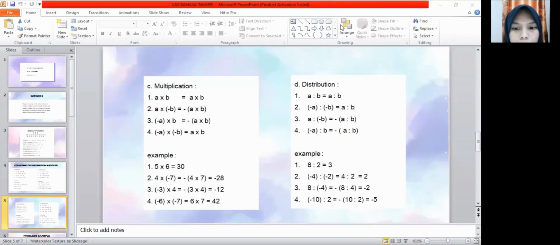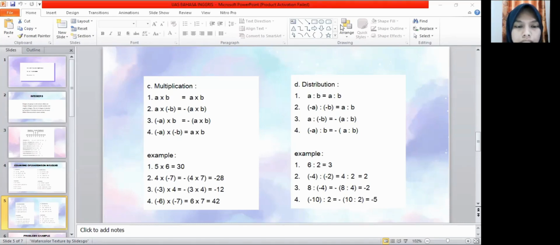Multiplication. Multiplication of positive integers will produce a positive integer. Meanwhile, multiplication of negative integers will produce a positive integer. Then if you multiply a positive integer by a negative integer, the result is a negative integer. In algebra form, a times b equals a times b.